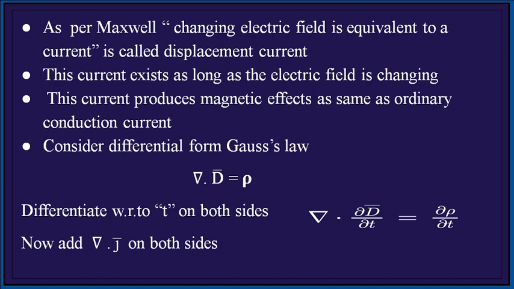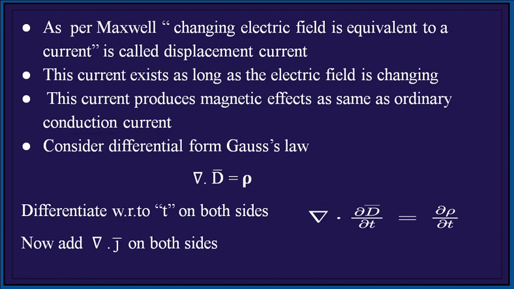And to understand this displacement current better, let me take one example, that is a capacitor. We know, either a parallel plate capacitor or any type of capacitor, is usually in two different modes, either charging or discharging. Whenever the capacitor is charging, the charge on the plates increases, and the electric field intensity around the plates increases.